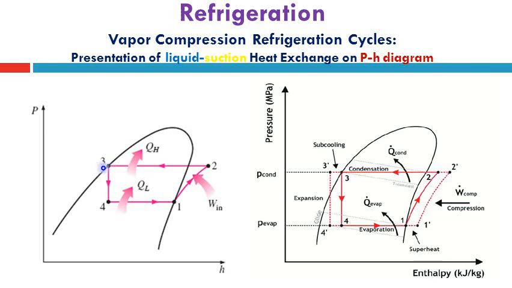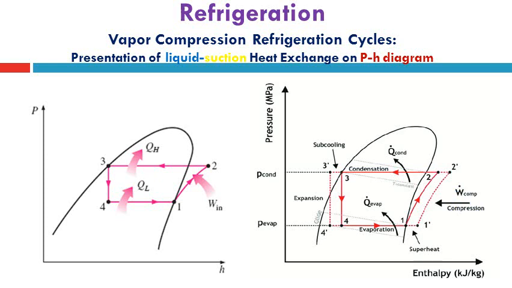When switching point 3 as shown here to the right, we gain the cooling effect by this amount, and when switching point 1 to the right direction, we will lose and we have to pay a larger amount in the work of the compressor.